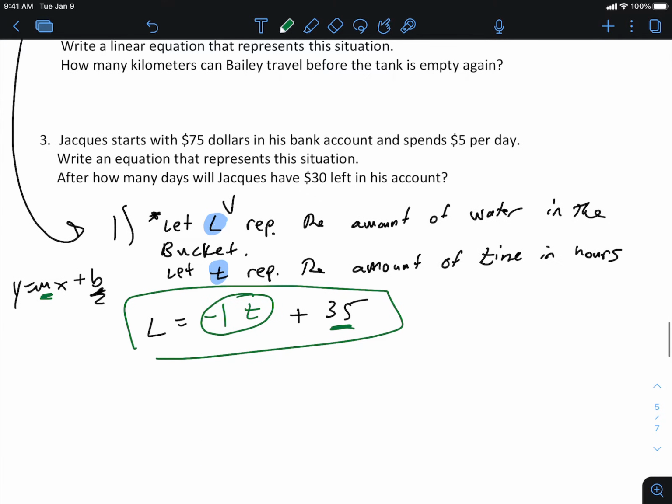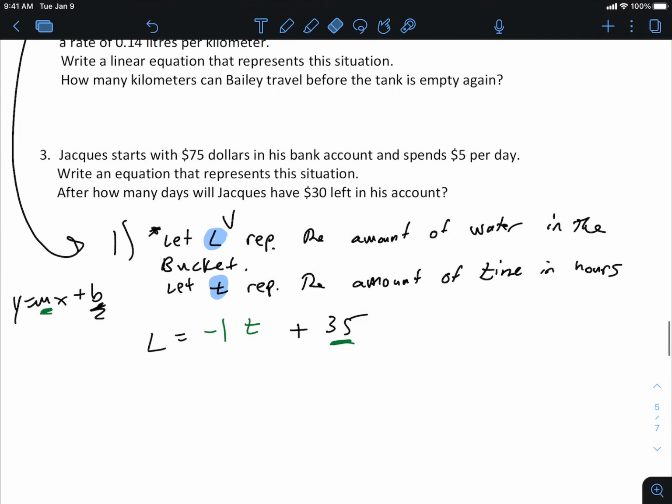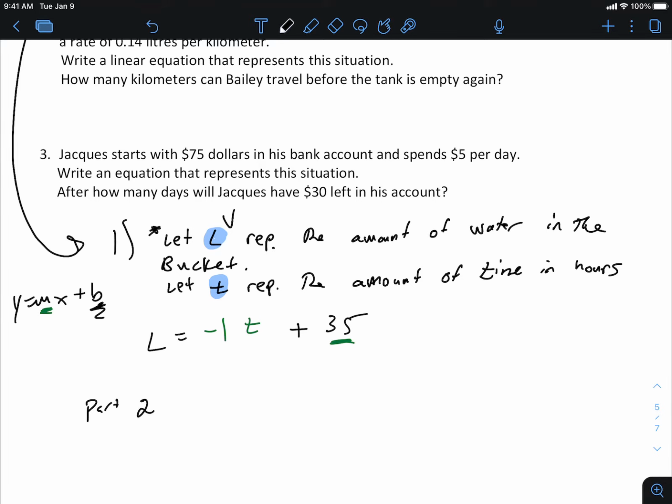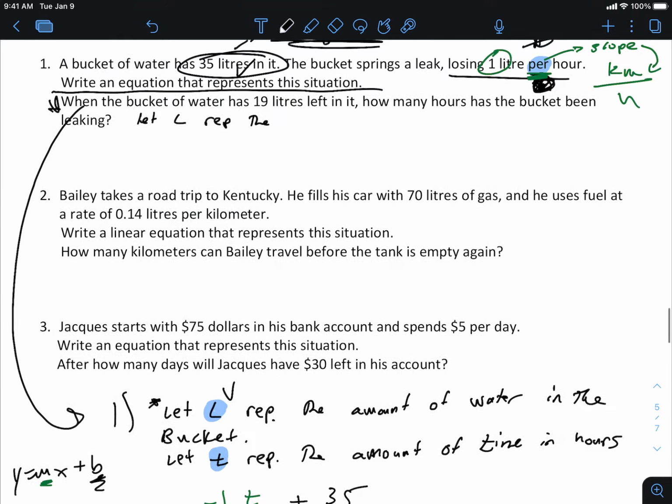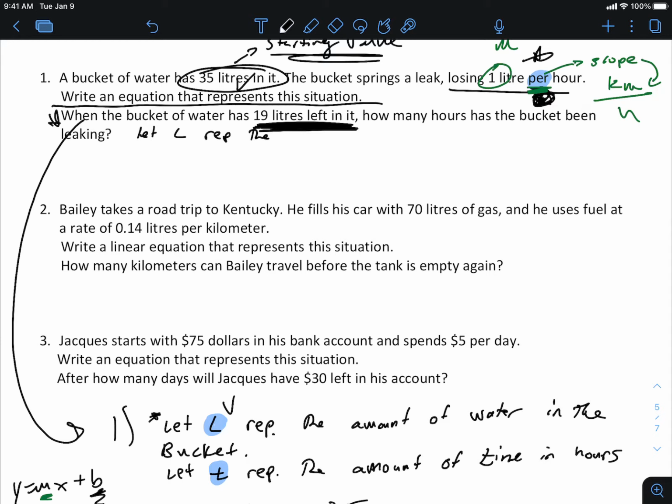Okay, there's one other thing that it tells me here. Part 2 is asking me how long is it going to take to have 19 liters left? When the bucket has 19 liters left in it, how many hours has the bucket been leaking?